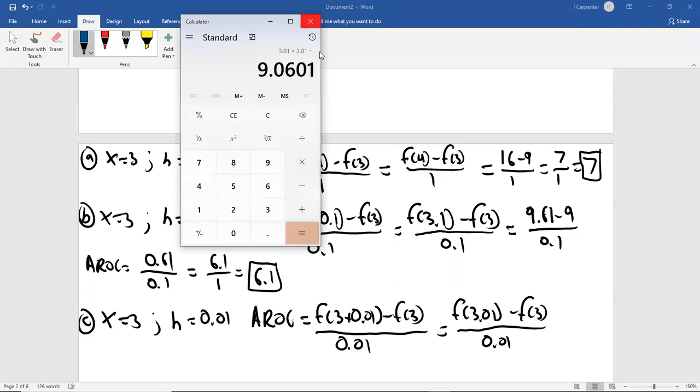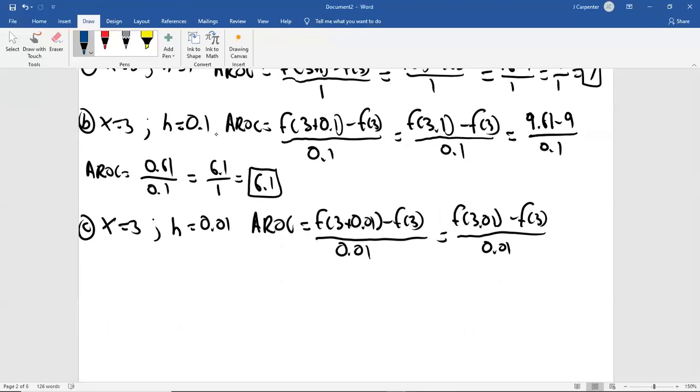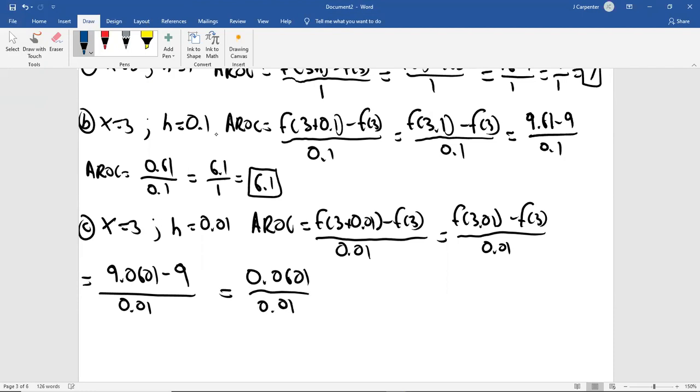And you get 9.0601. Minus 3 squared is 9 still. Then divide that by 0.01. Subtracting the top gives you 0.0601 divided by 0.01.